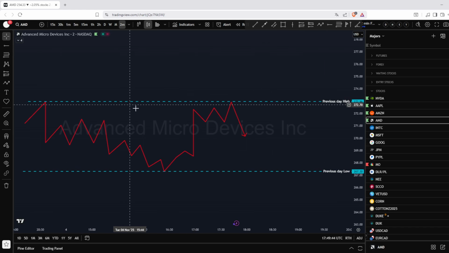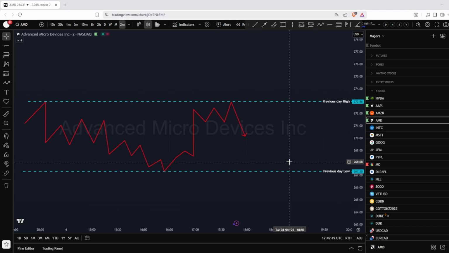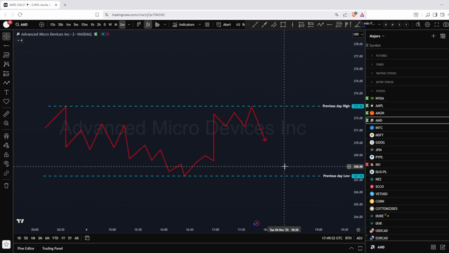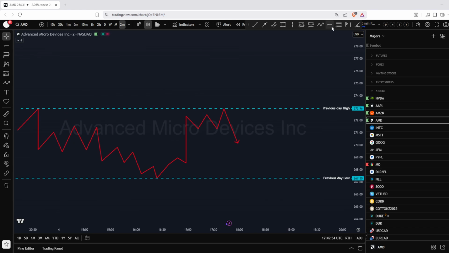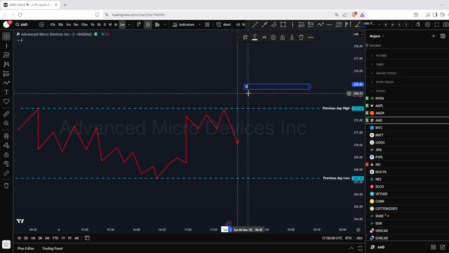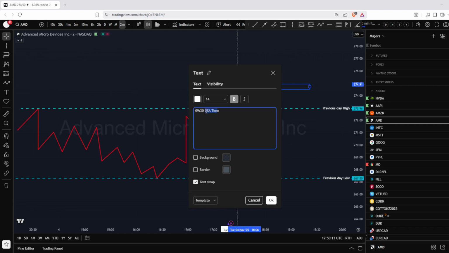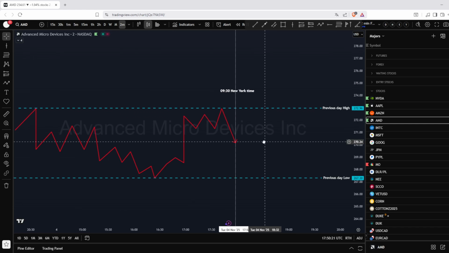So this is the range, the max price and the lower price from the day before. So our session starts in here, at 9:30 New York time.